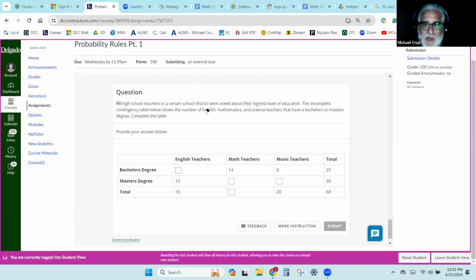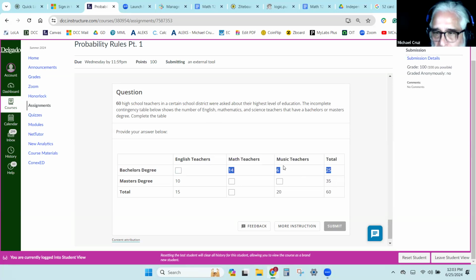All right. So 60 high school teachers in a certain school district were asked about their highest level of education. The incomplete contingency table below shows the number of English, mathematics, and science teachers that have a bachelor's or master's degree. So let's try to finish it out. I'm just going to start here on this row.